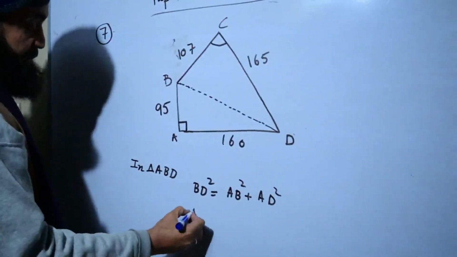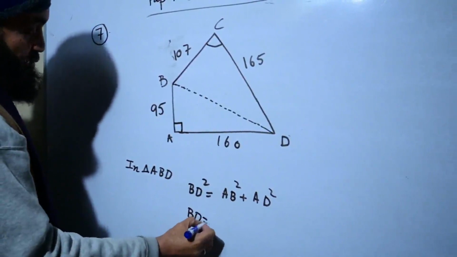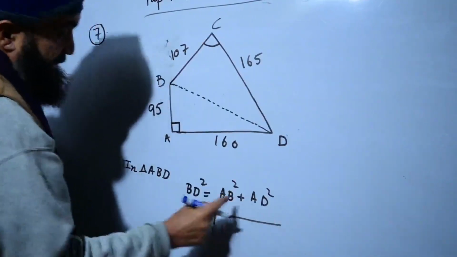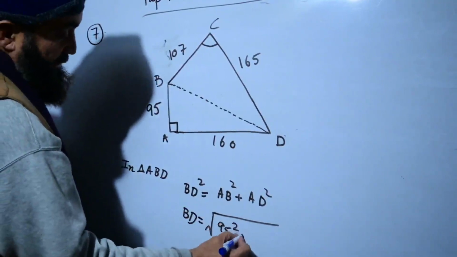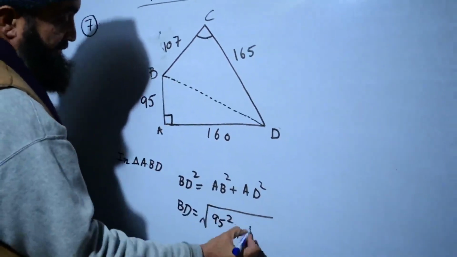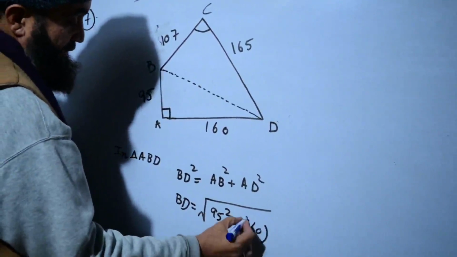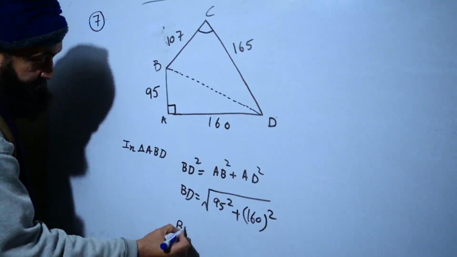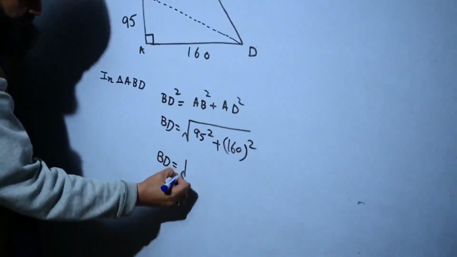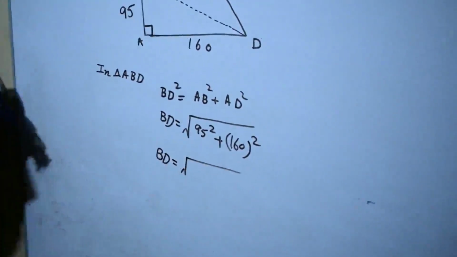We have to calculate BD, so BD will be equal to under root of this. AB is 95, so this will be 95 square plus AD is 160, so 160 square. Now BD will be equal to under root of, I do it with calculator.